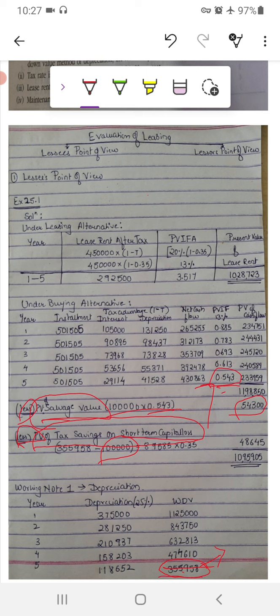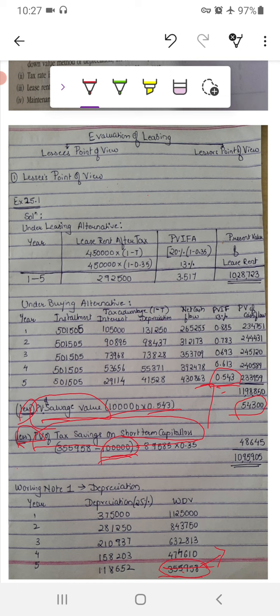So the value as per your books is 3,55,958, but you will be selling it for 1 lakh. That means you are incurring a loss. I have not done that calculation, so I'll do it here.